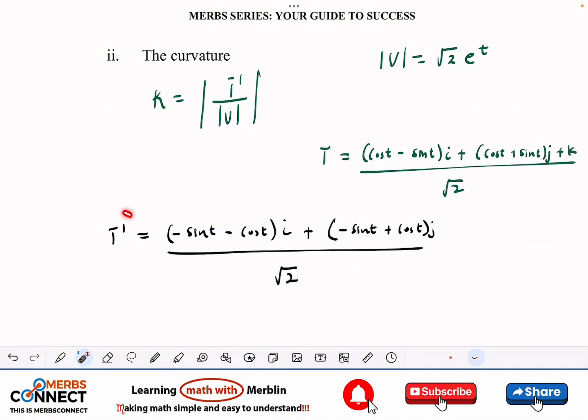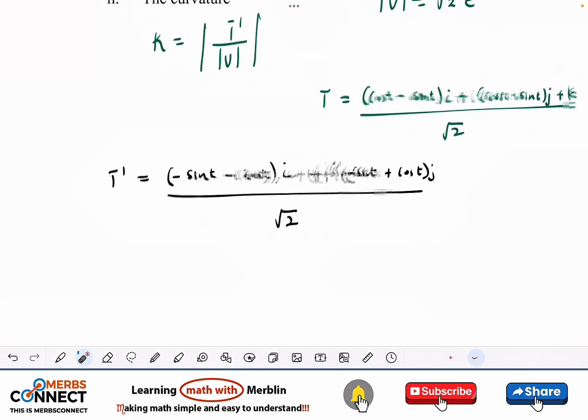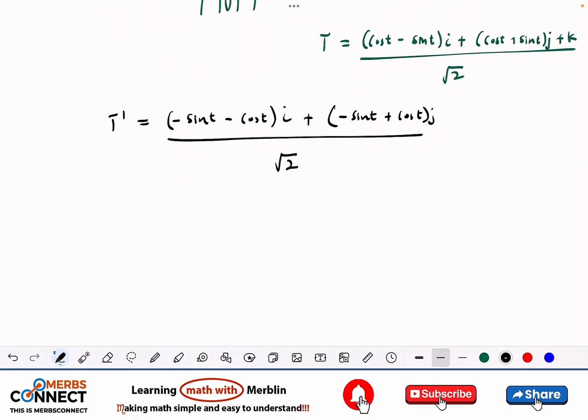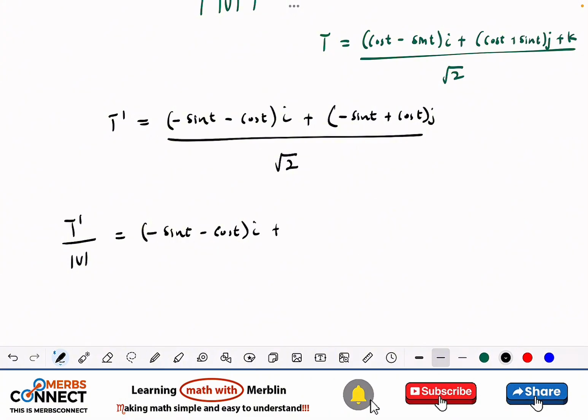So now that we have T prime and we have the magnitude of v, then we can just divide. So now T prime divided by the magnitude of v is going to give us (minus sin t minus cos t) i plus (minus sin t plus cos t) j divided by square root of 2.